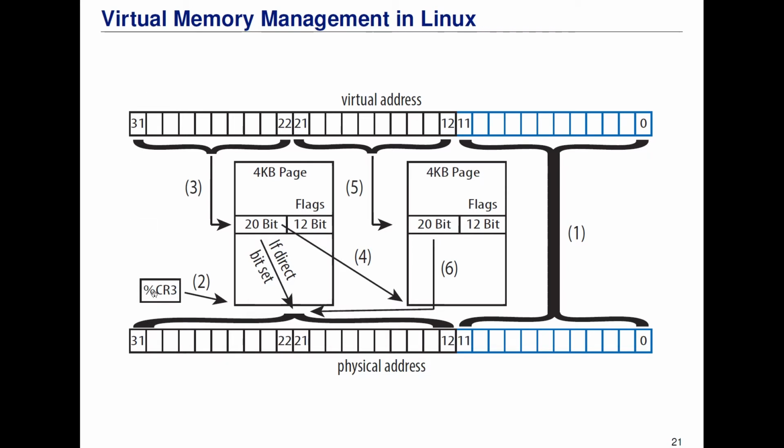Each process has its own value stored there, and then you go to the page index and take the first 10 bits as a page index. With the direct bit set, you're done. If not, you have a second indirection and take the next 10 bits to find the offset, and then you're done. This is a page walk for a 32-bit system.